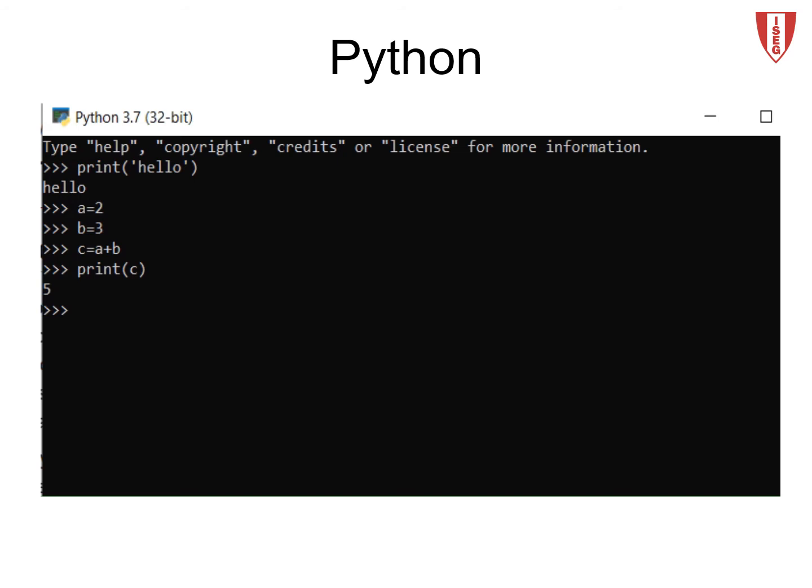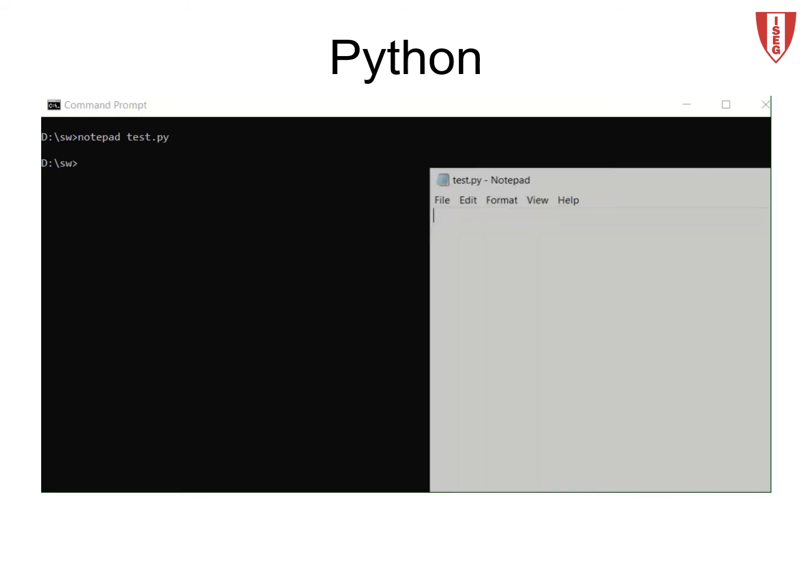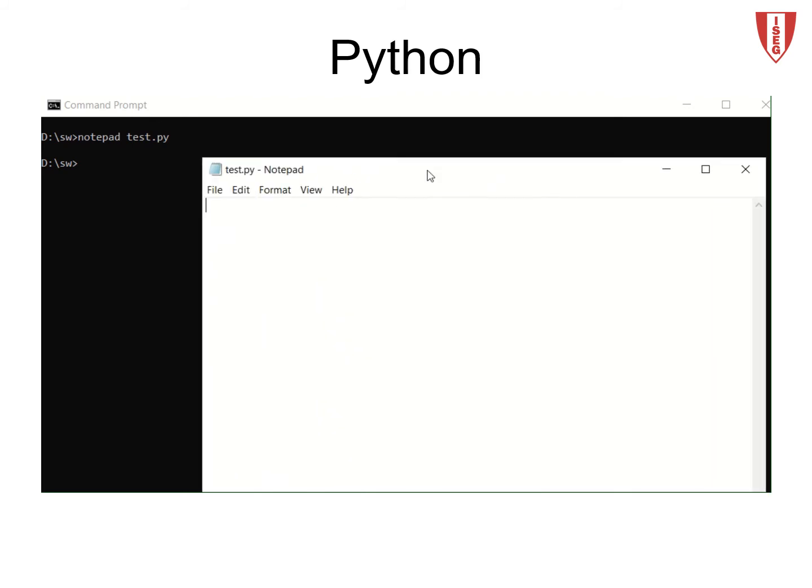In the script mode, I create a file previously, for example using Notepad, and I save it in a specific place. After creating the file, I may call it at any time.